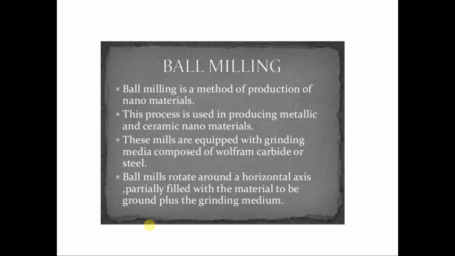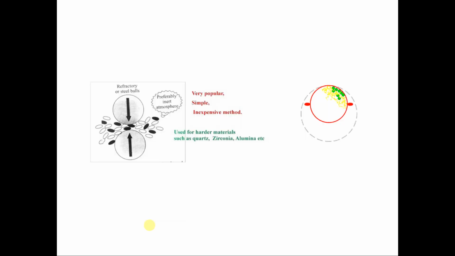Ball milling is a top-down approach, as I said, for production of nanomaterials, and it's basically used to produce metallic and ceramic nanomaterials. That's the major application. You have mills which are equipped with grinding media composed of tungsten carbide or steel, and the ball mills rotate around a horizontal axis and are filled with the bulk material which is to be ground, along with the grinding medium.